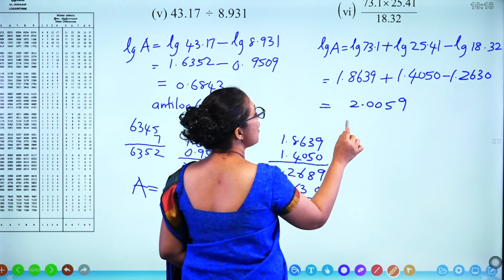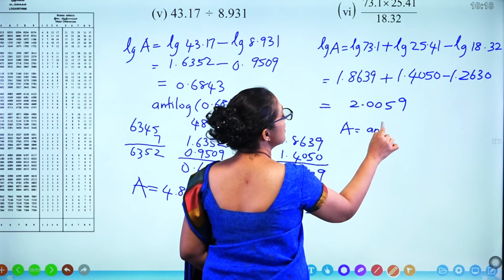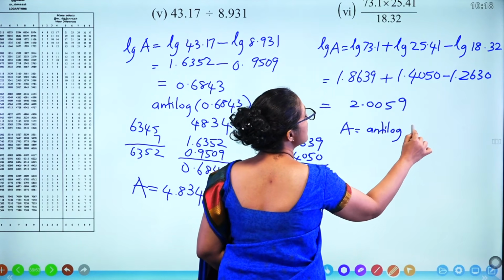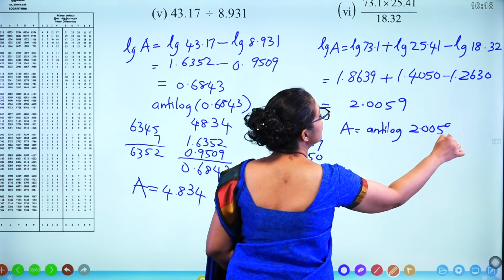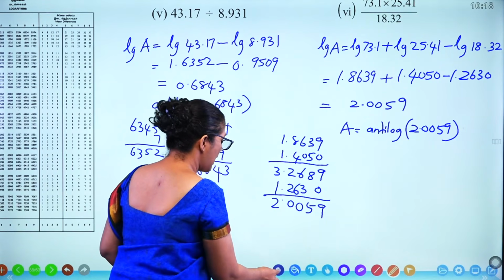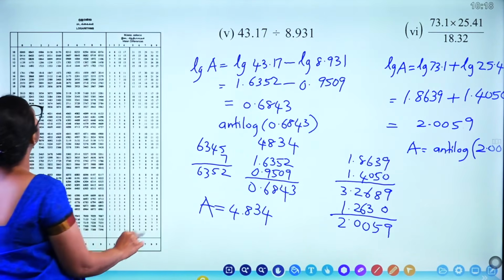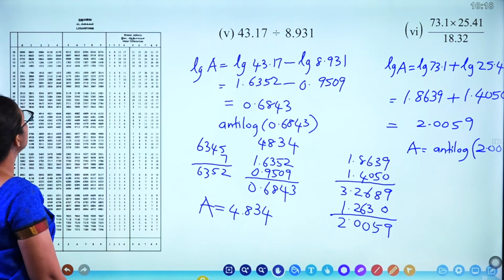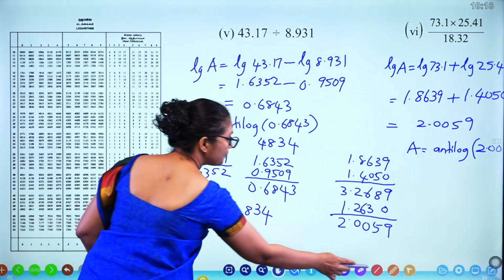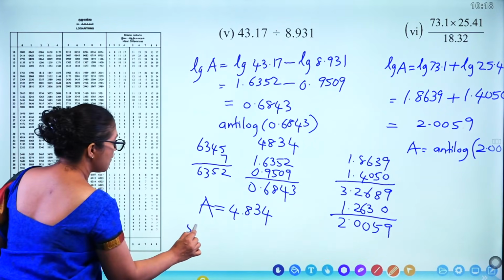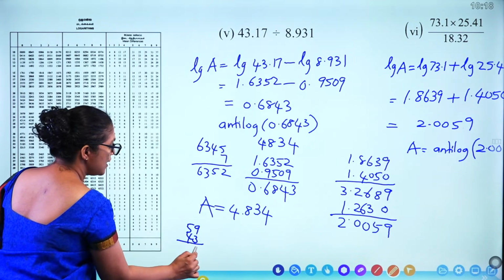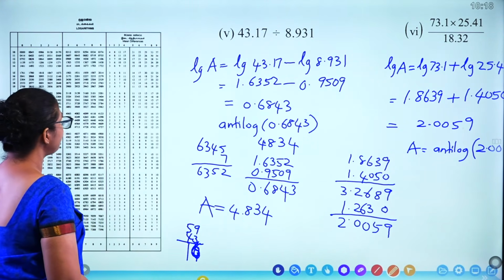Now take the antilog to find out the solution. 0059 from the first table. 43 is there. 59 minus 43, you need another 16.